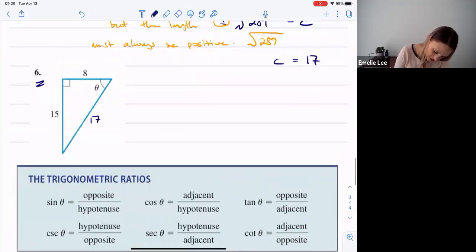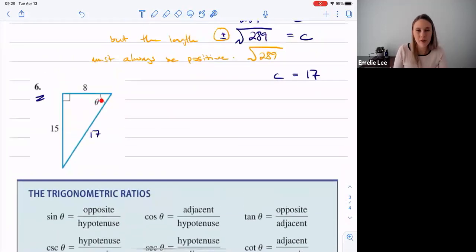And here I'm going to clarify that from the perspective of theta, my opposite is 15, my adjacent is 8, and my hypotenuse is 17.